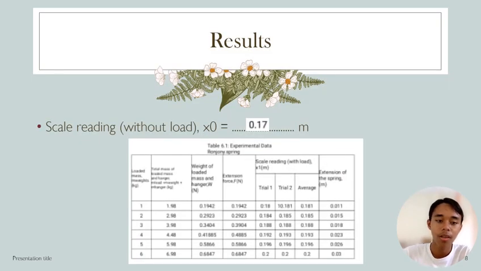For the result, the scale reading without load, x0, we get 0.17 meter. Okay, this is the table. Load mass weight in grams first is 1.98. For the weight of loaded mass and hanger, W, is 0.1942.